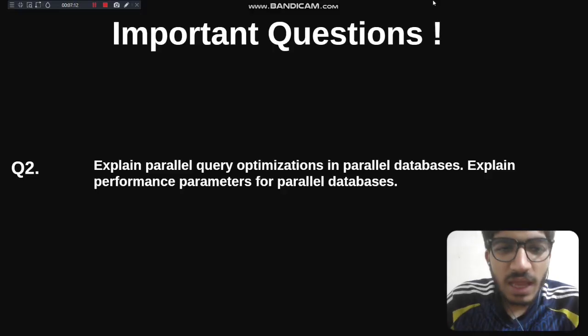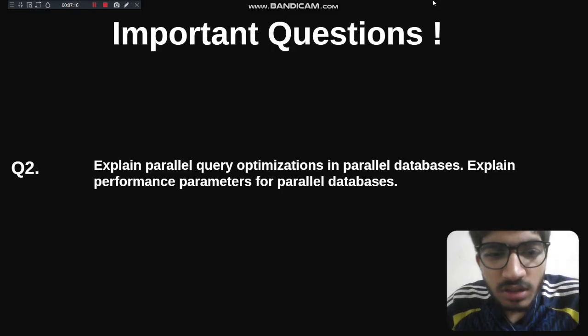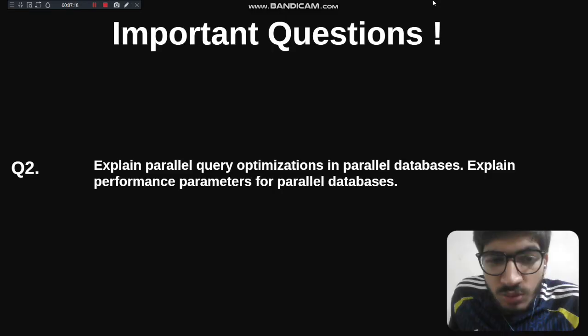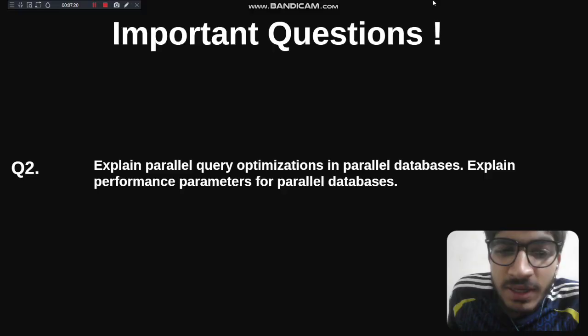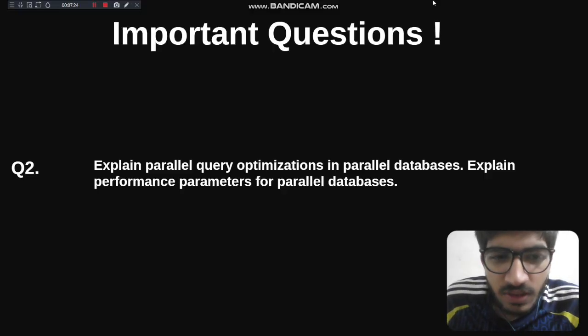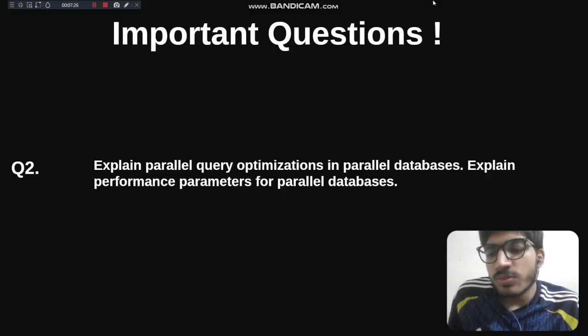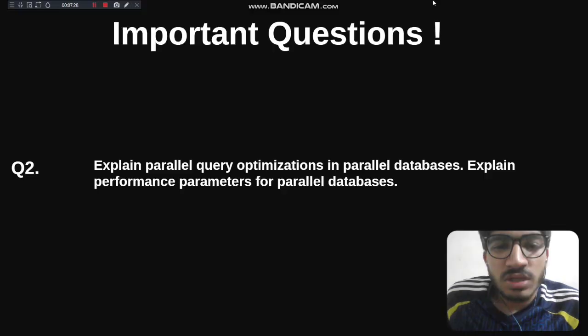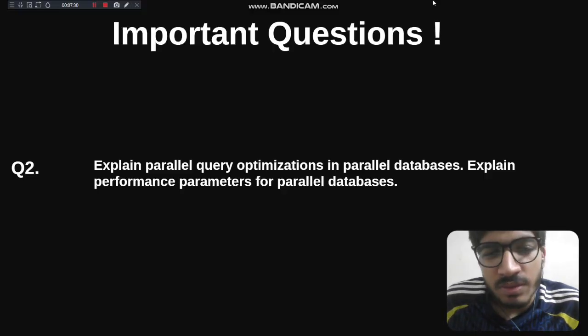Response time. Time taken to complete a single query. The goal is to minimize the response time even with large data sets. That is, the time taken for a single query should be minimized.